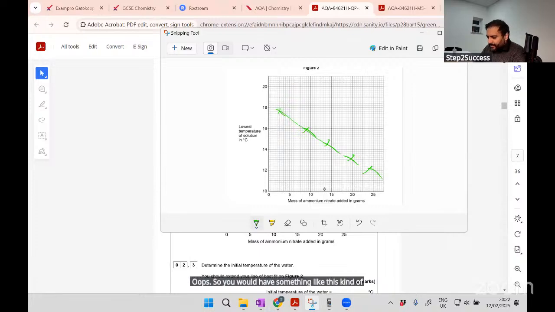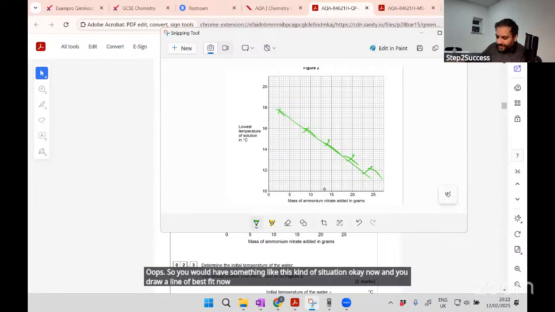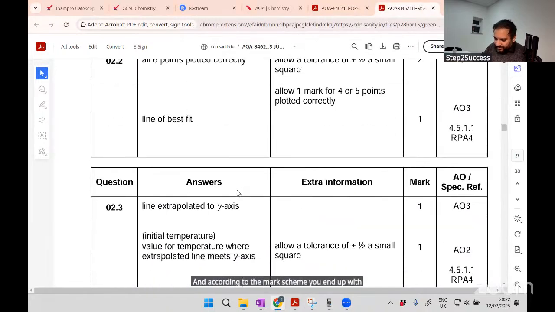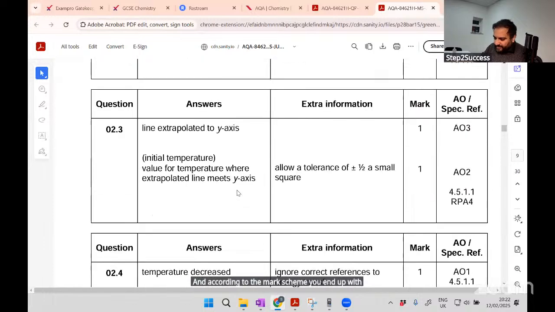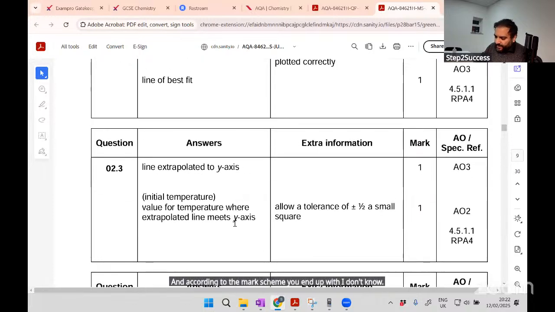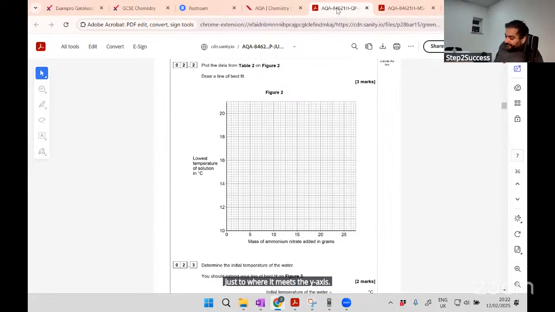And you draw a line of best fit. To work out the initial temperature of the water, you have to extend your line of best fit and see where it crosses the axis. According to the mark scheme, it's just where it meets the y-axis. There you go. That's all you need to do.